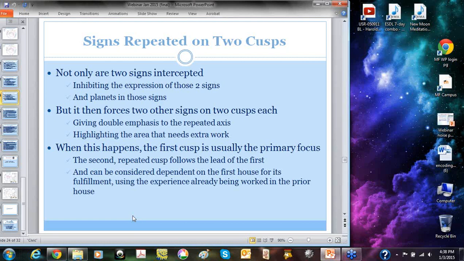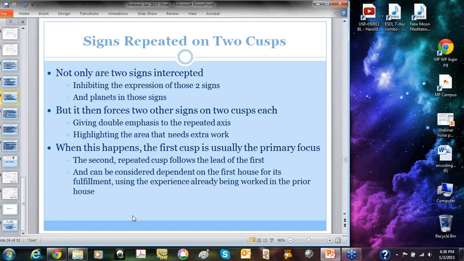Because it's doubled up, it means there's more of that energy, and we need to learn to work with that energy, whether to use it better, whether to perfect it, whether to be much more comfortable with that energy. But we certainly have opportunity to work with that energy more so, because if anything, it's the opposite of being inhibited. It allows for its expression.